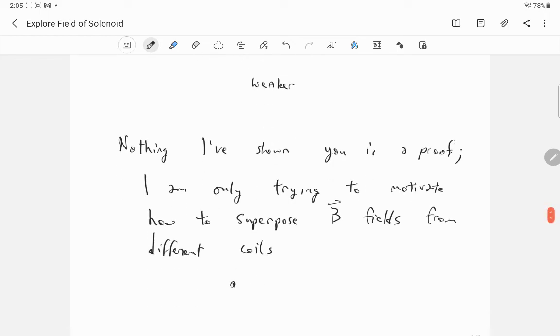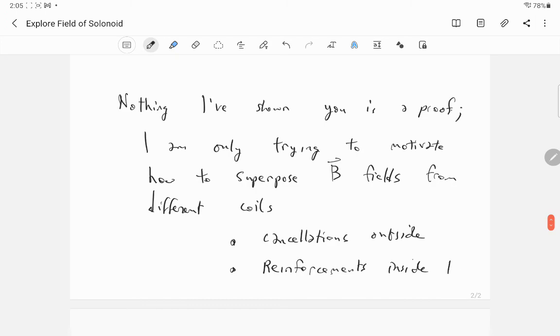And there are cancellations outside the solenoid and only reinforcements inside the solenoid.